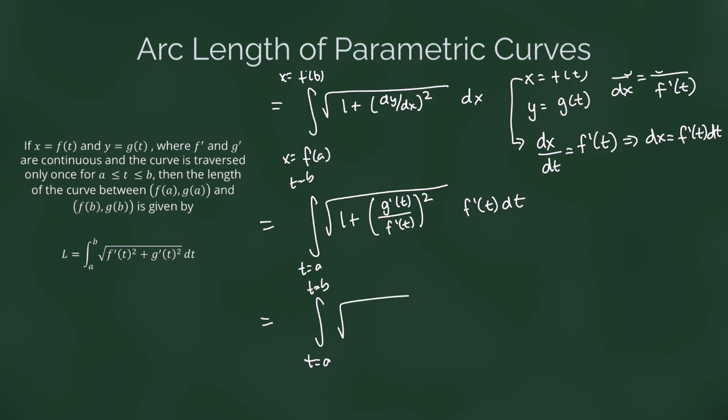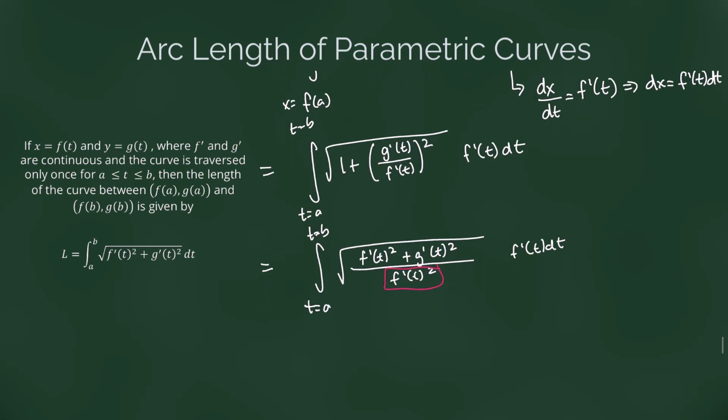If I get a common denominator in here, I end up with f prime of t squared plus g prime of t squared all over f prime of t squared, times f prime of t dt. Since this is sitting inside of a square root, we can pull it out by square rooting it. So we get the integral from a to b of the square root of f prime of t squared plus g prime of t squared, over f prime of t, again pulling that out of the square root, times f prime of t dt.